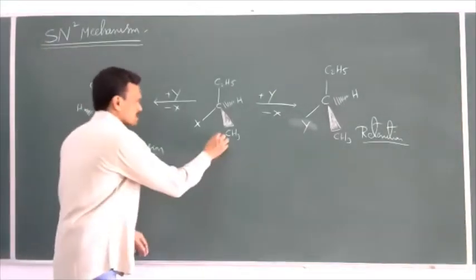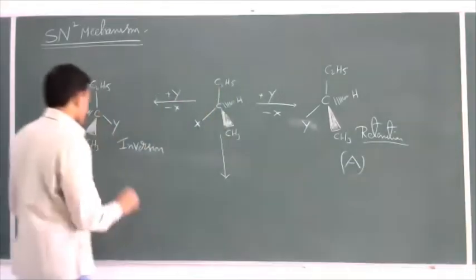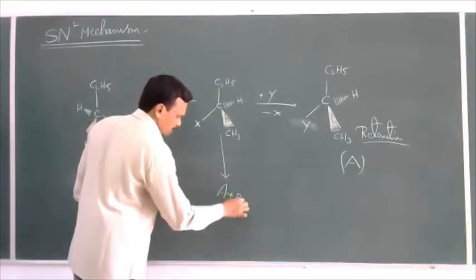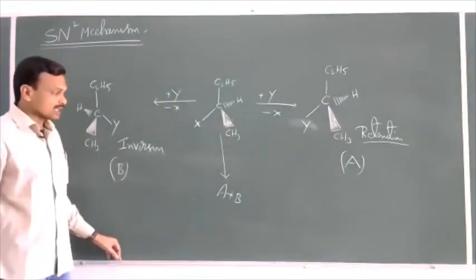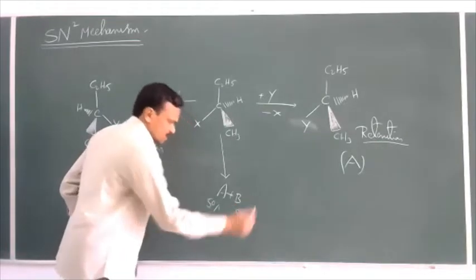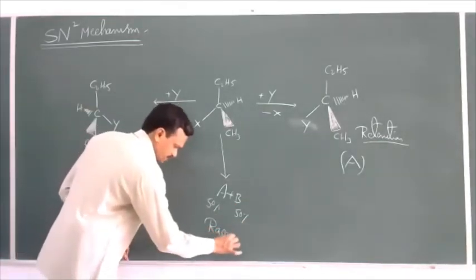In some cases, let us call this product A and this product B. A mixture of A and B may be formed in equal amounts, 50% A and 50% B, and this is called a racemic mixture.